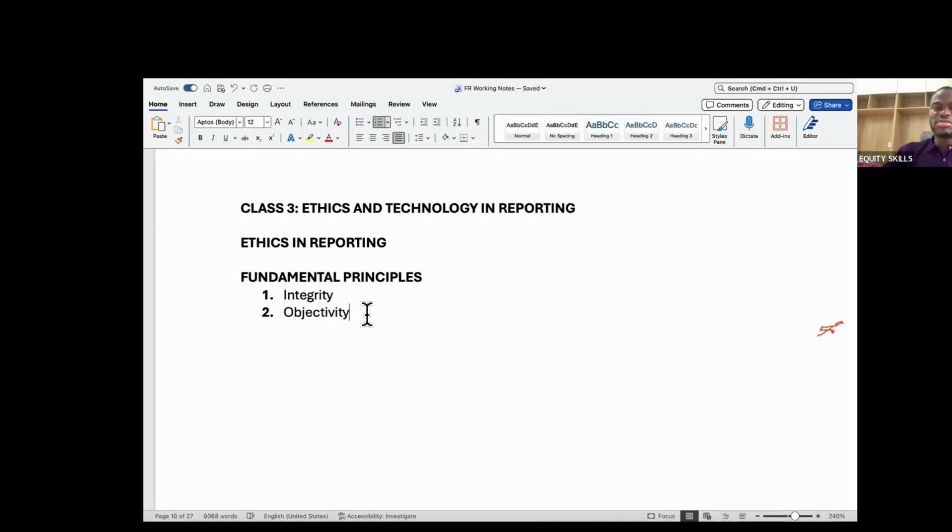Objectivity means ensuring that in carrying out bookkeeping and reporting, you carry them out based on the standard, based on fact. When you're talking, you talk based on fact. And don't ever allow undue influence of another person to affect your professional judgment.